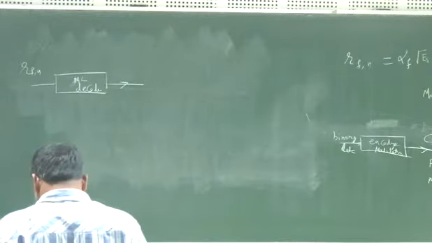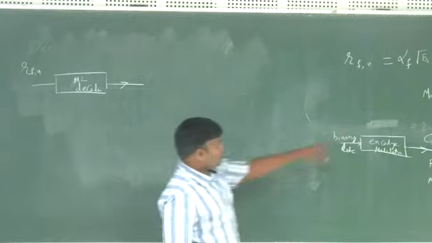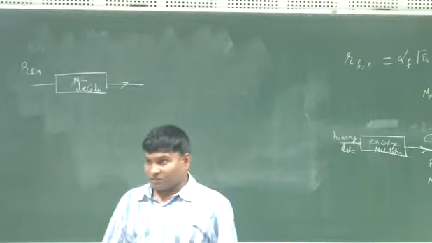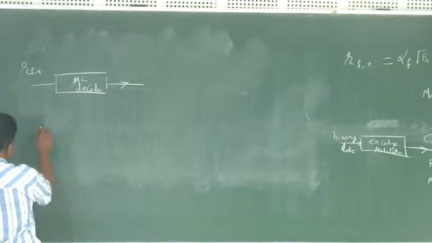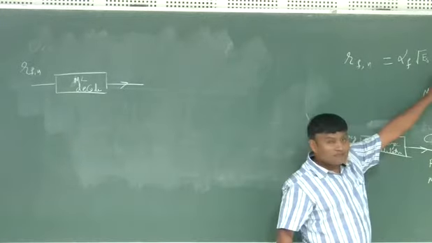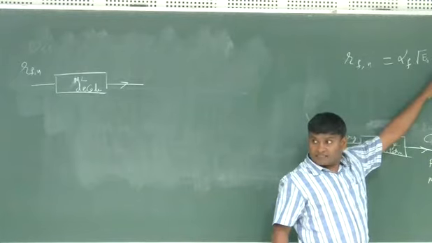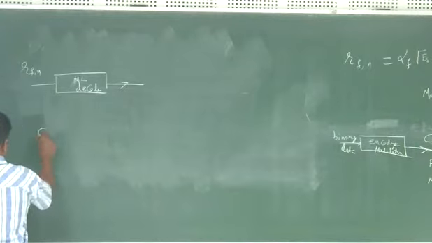Now, assuming the receiver knows the alphas perfectly, an appropriate metric is this: we transmit a codeword, which is the sequence C, and we decide in favor of a codeword C hat.